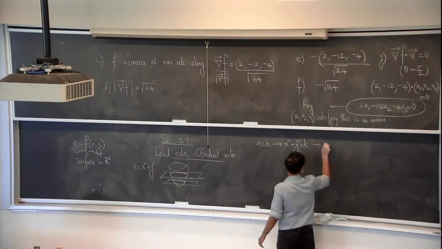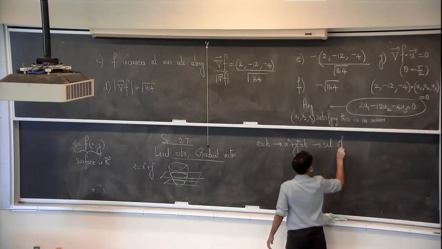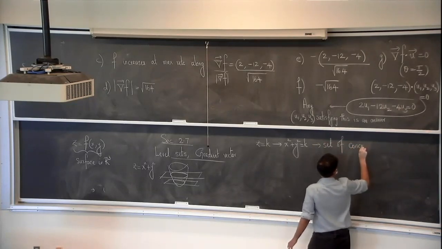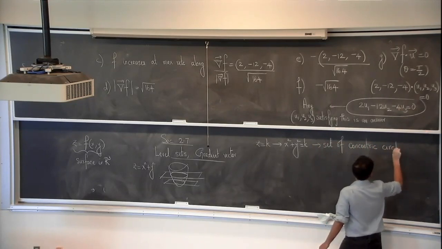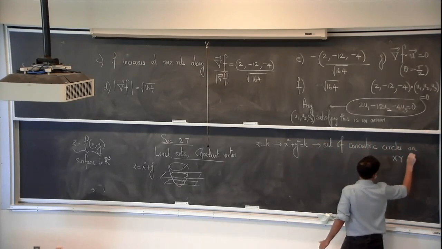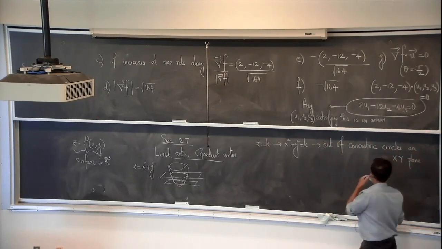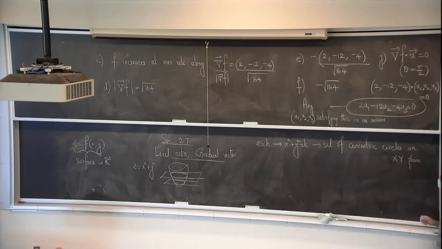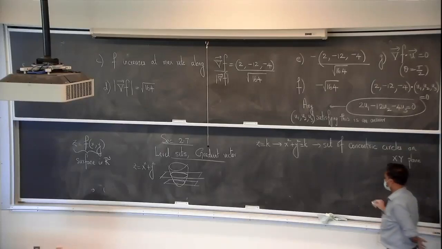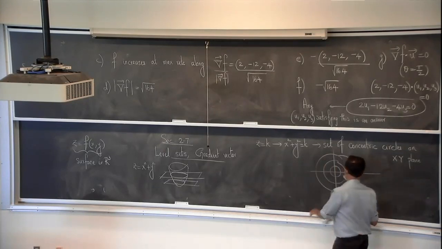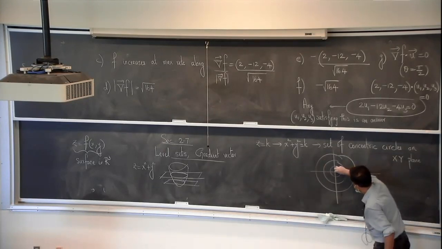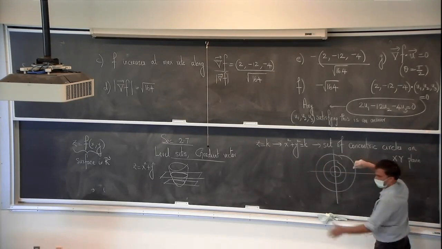This generates a set of concentric circles on the xy plane. So it looks like this. k equal to 0 is a point, k equal to 1, k equal to 2, k equal to 3, and so on.